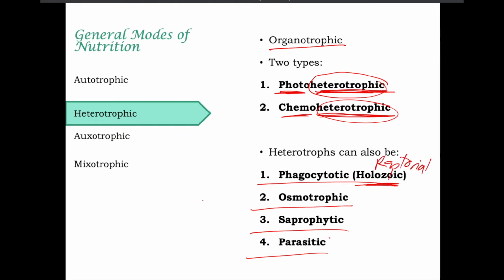When we say raptorial, just like the Jurassic Park raptors, they eat the whole organism. These are like hunter organisms. So these are raptorial organisms.